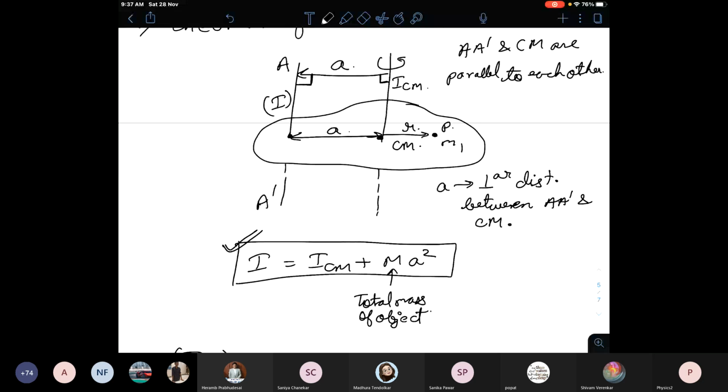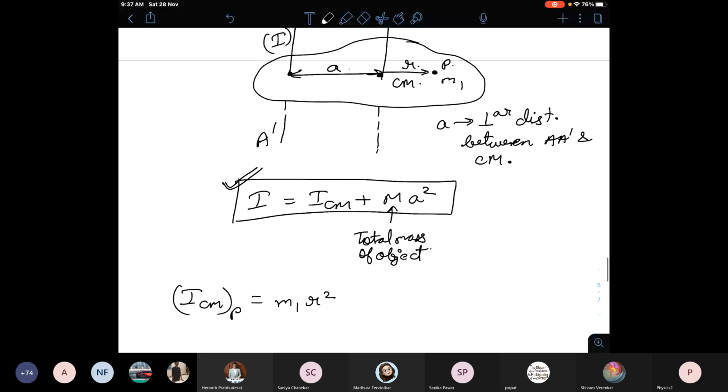This was for one point mass. The complete capital M mass is a combination of infinite point masses. So you can write this as summation of m r square.